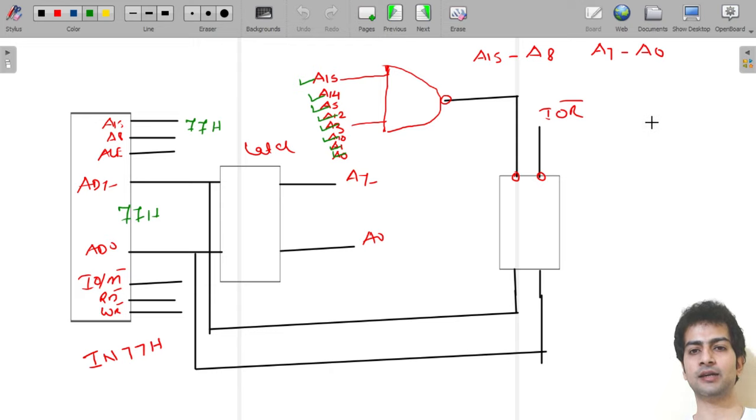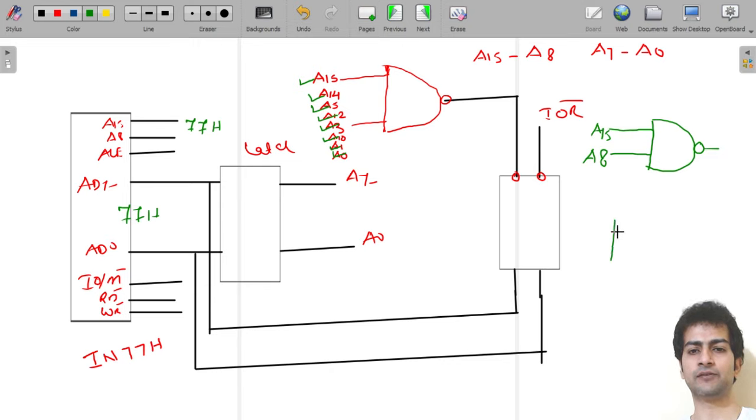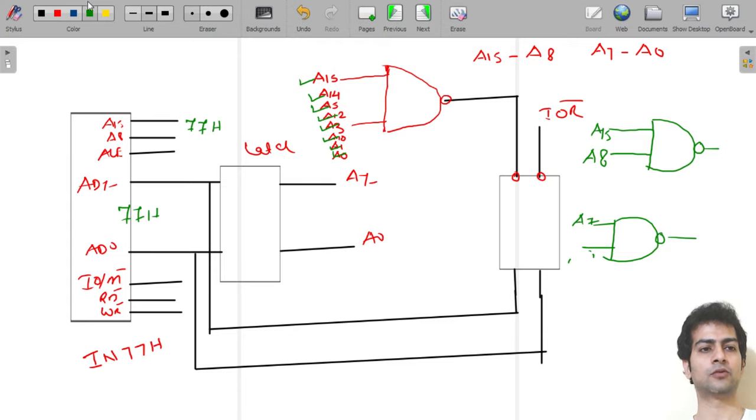And another diagram is given in which the inputs of the NAND gate are A15 to A8, and another with the connections A7 to A0.